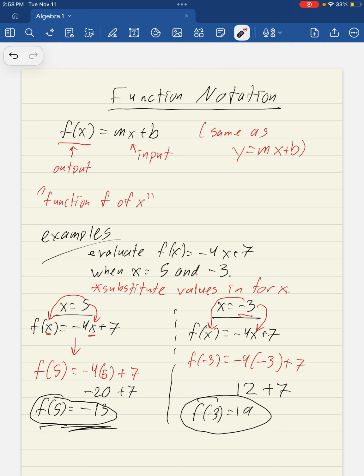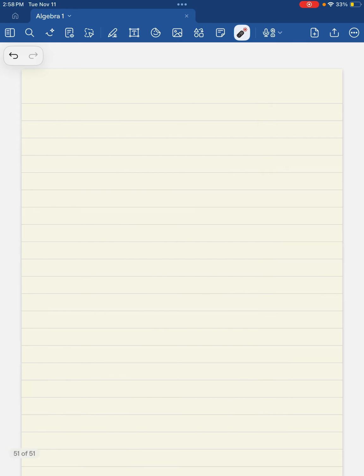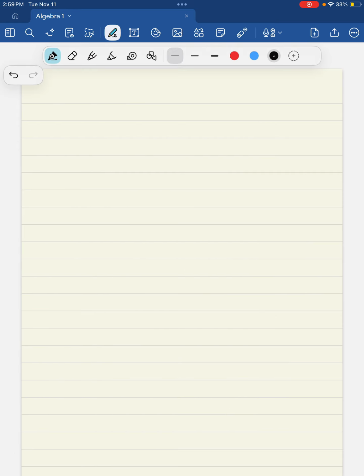Now, some problems will have you flip this, and they will give you a situation like this. This is another example. Given h of x, and that's a different function now. So it's the function h of x, or you could just call it h of x, equals negative 7x.